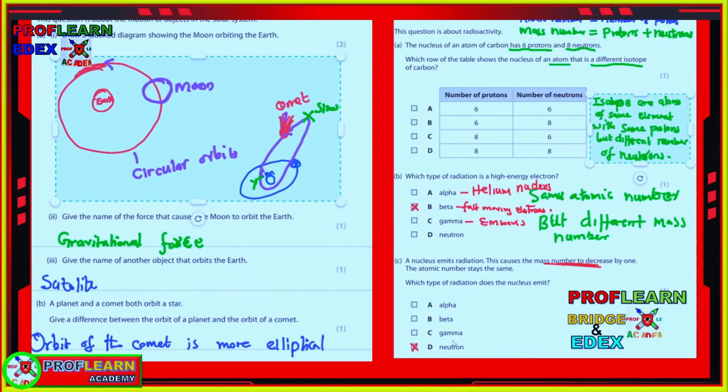If the mass number decreases by 2, that is alpha, and if the mass number remains the same, that is actually beta. But if it's emitting gamma, nothing changes, because the nucleus just loses energy.